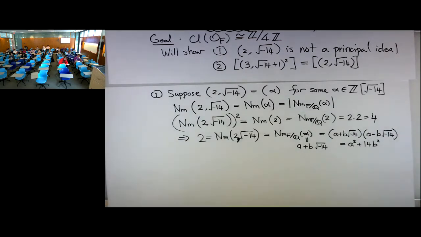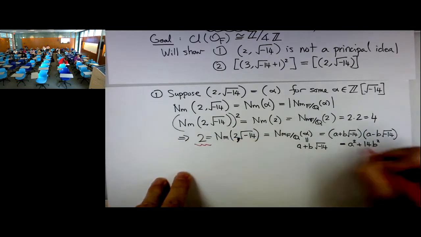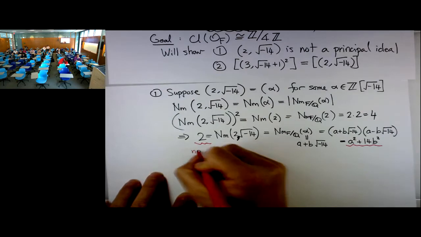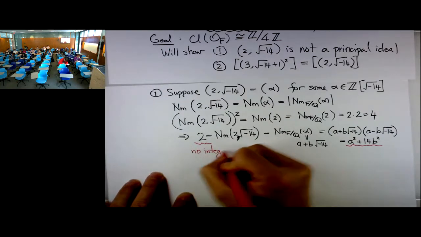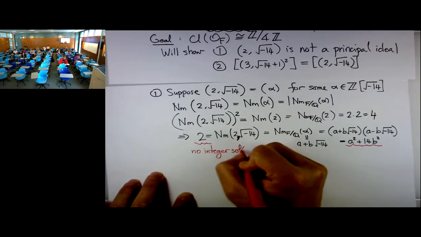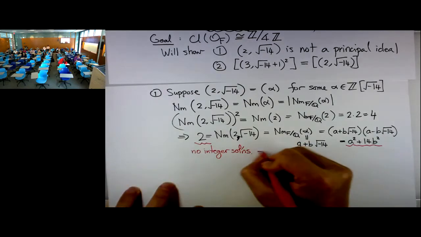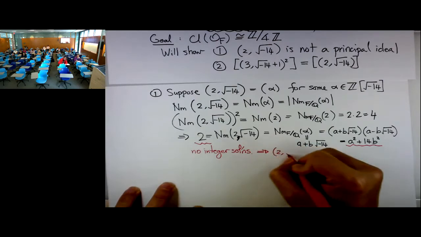Now you have an equation which looks like 2 equals a squared plus 14 b squared. There's no integer solution. I mean, 2 is not a square plus 14 times another square, obviously. No solution. So that implies that this ideal is not principal.